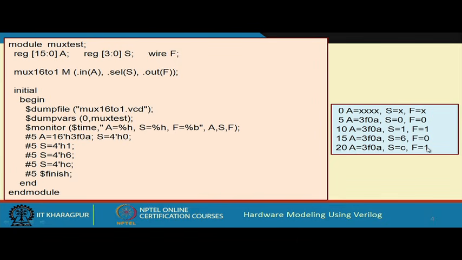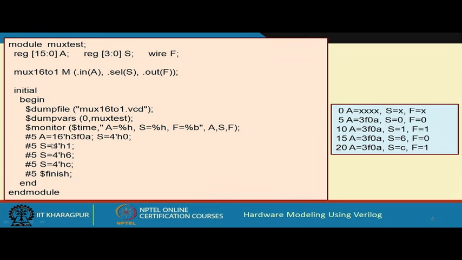They will all be dumped in the file and I can specify which variables I want to dump. Well, 0 comma followed by the name of this module means that all the variables in this module and all the variables which are instantiated inside those modules, everything will be dumped. Okay, we shall see what the other options are later in dumpvars, but here we are dumping all the variables.